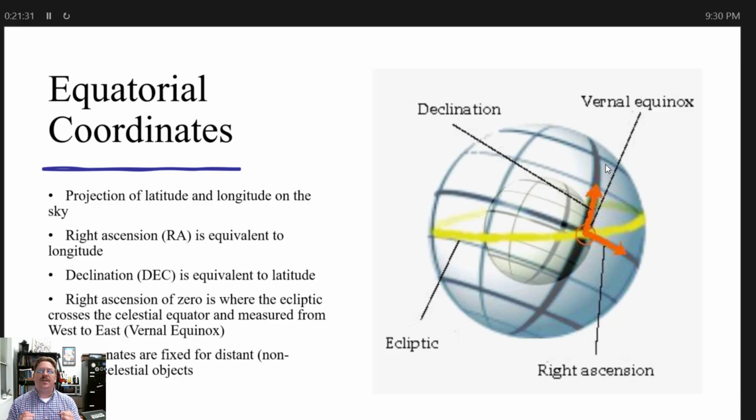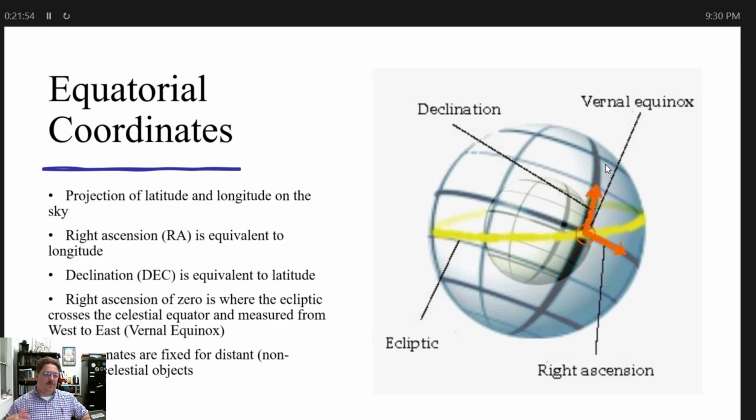Now, the 0 point of declination corresponds to the celestial equator. So the celestial equator has a declination of 0. If you're in the north, by convention, that is considered positive declination. In the south, that is considered negative declination.